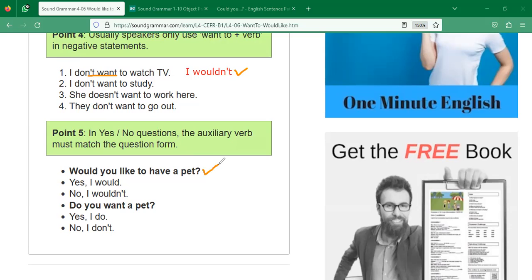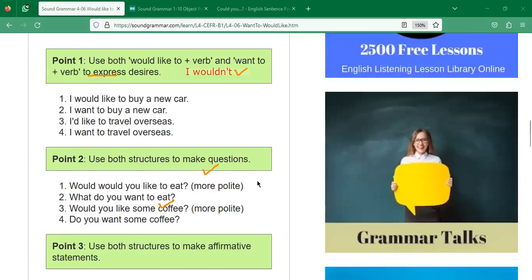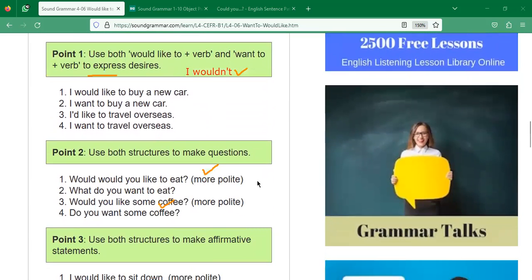You can use would to make questions, but also you can use want. In the end, something important: all of these specific expressions are related to desires. So when you talk about would or want, it is because you talk about desires. And we use this to talk about the future sometimes.